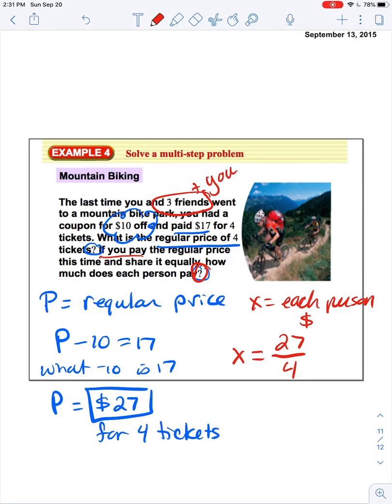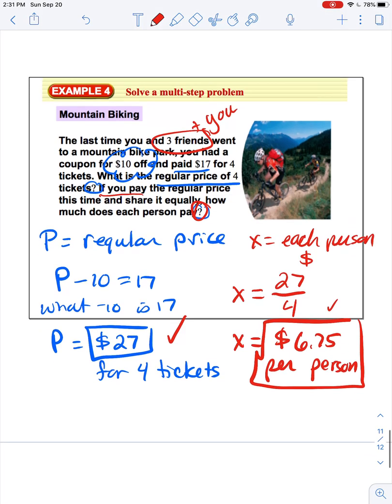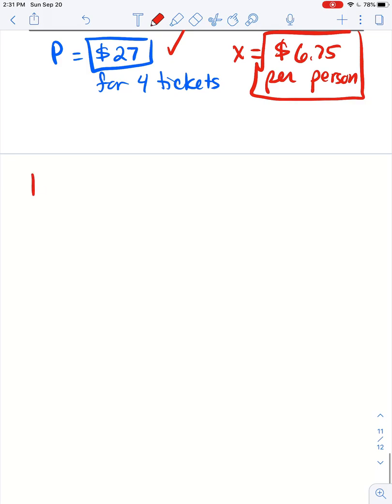So if we pitched in and took 27 divided by 4, then we would find out that each person has to pay $6.75. And I always want to label my answers so they make sense. So somebody looking at this can say, okay, it costs $27 for 4 tickets, and that leaves me paying $6.75 per person.